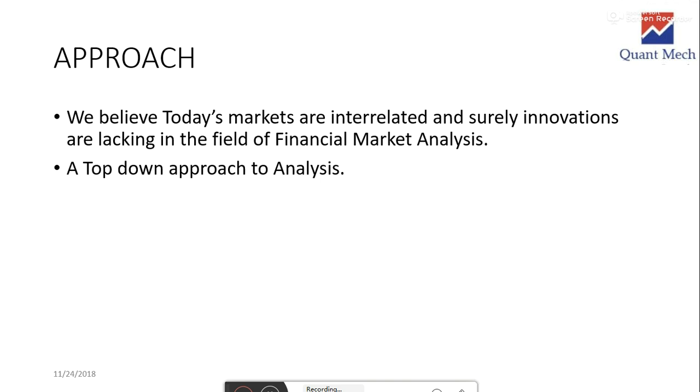So how do we approach stock market? We believe today's markets are interrelated and surely innovations are lacking in the field of financial market analysis, a top-down approach to analysis. So what does top-down means? So to elaborate, we first analyze the major currencies along with the US dollar index.